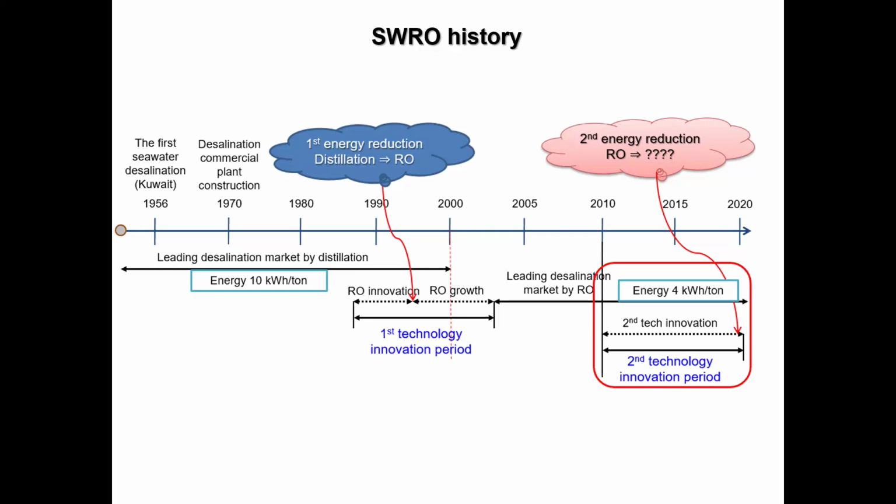And at the time it was cheaper than reverse osmosis membrane, because reverse osmosis membrane required a better design. Also, you needed to develop the material effectively. Also, high pressure pumping was not available at the time. So it was 10 kilowatt hour per cubic meter. As I mentioned, $0.3 per kilowatt hour.